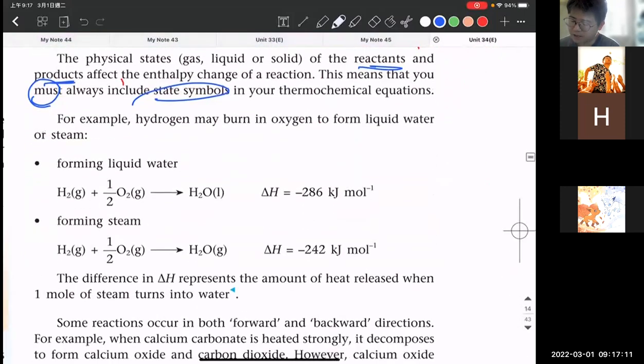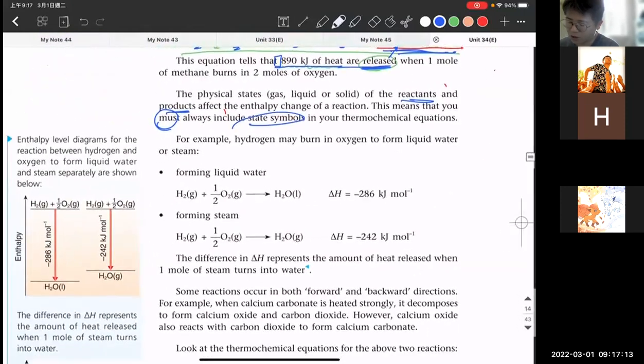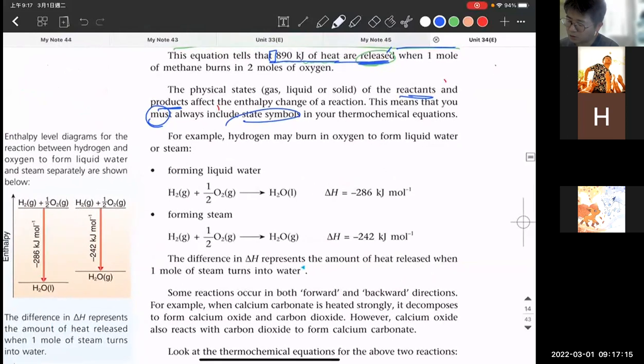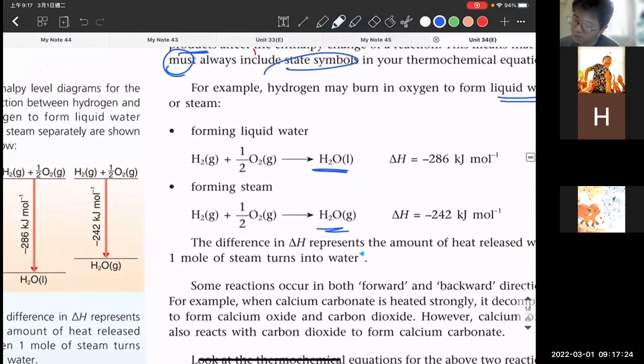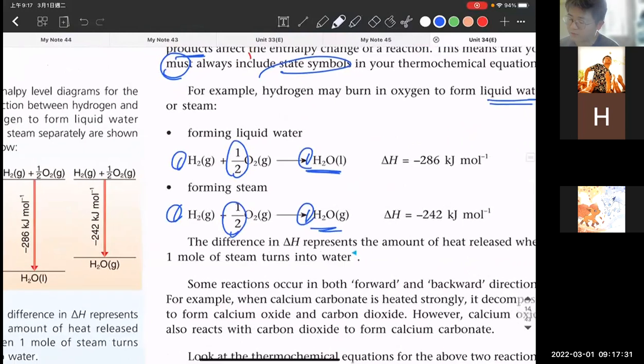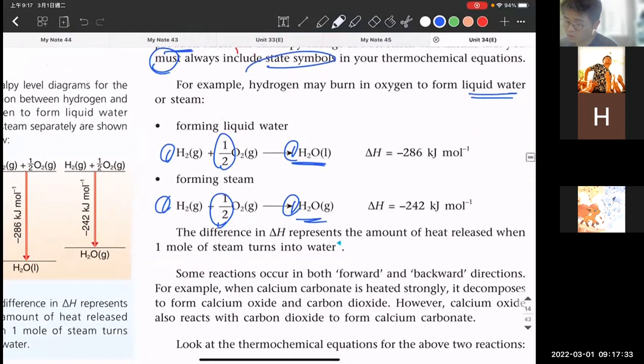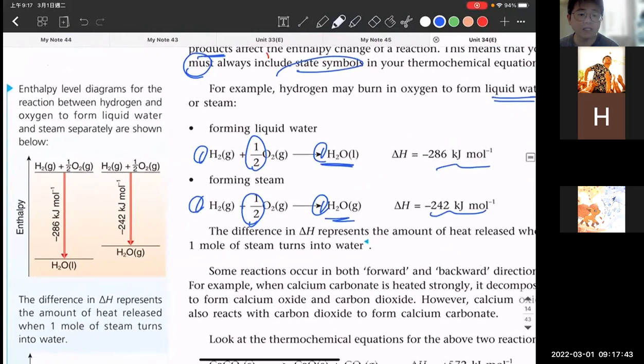So what is the hidden message if you want to talk about the burning of hydrogen with oxygen to form liquid water and also steam? Even though I list it as 1 mole of hydrogen and 0.5 mole of O2 to form 1 mole of water and steam respectively, you may have a difference in the enthalpy level of the steam, as said before.